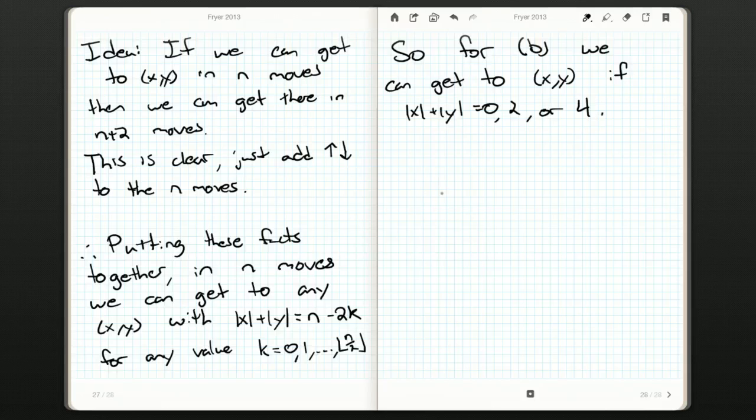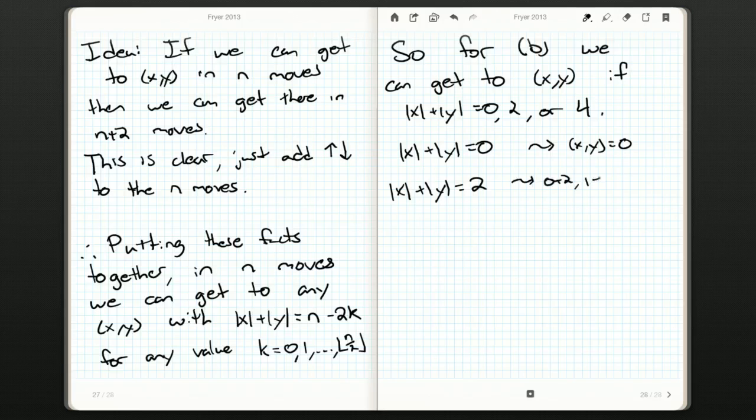So, what does that tell us? If the sum of the absolute values is 0, x and y are going to be 0. How about the sum of these values being equal to 2? Well, we could have 0 plus 2, 1 plus 1, or 2 plus 0.